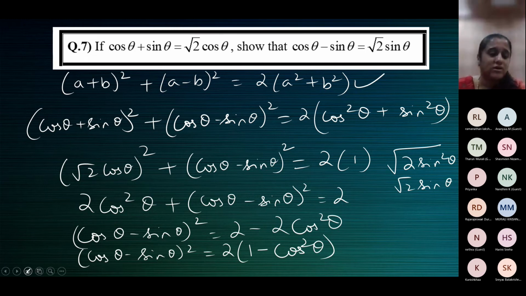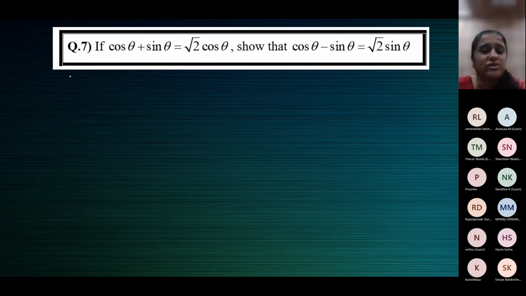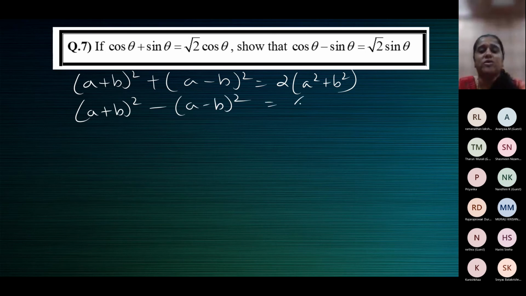Now, don't worry, I'll show you the answer slide. Now, you have to decide which identity to use. We have a plus b the whole square plus a minus b the whole square is equal to 2 of a square plus b square. And we also have another one, a plus b the whole square minus a minus b the whole square is equal to 4ab.